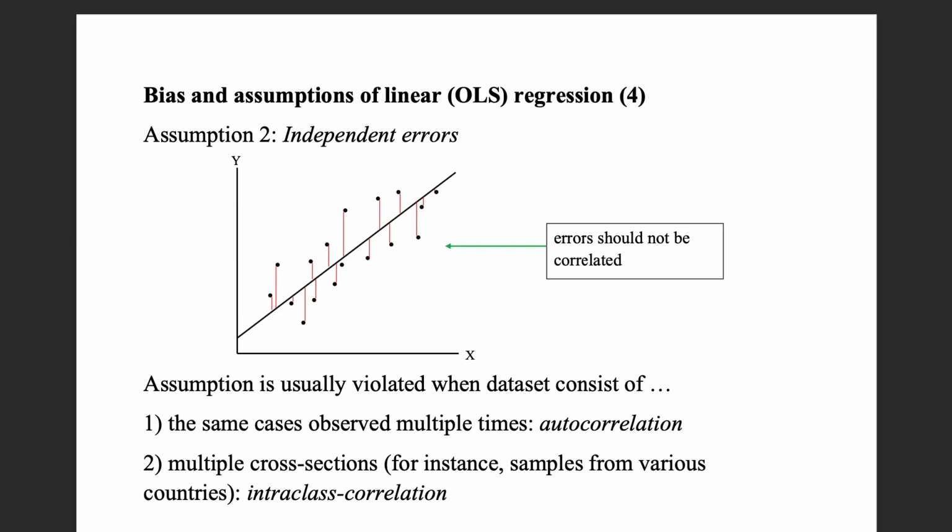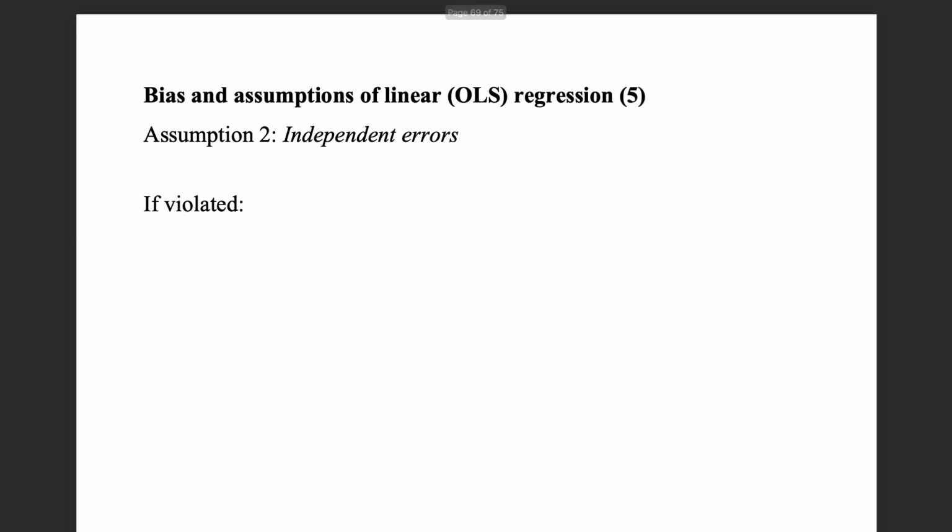So in other words, both of these situations, when you have autocorrelation or when you have intra-class correlation, are likely to lead to a violation of the assumption of independent errors. It's likely that your errors are not going to be completely independent from each other, so there's going to be some systematic correlation in your error term across the individual observations.